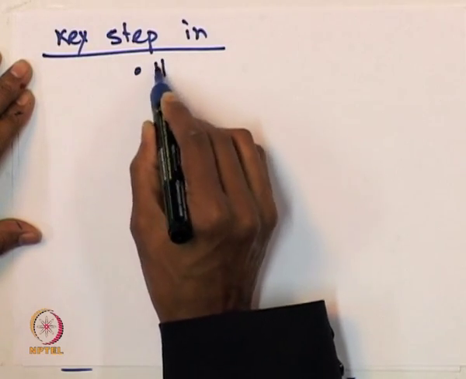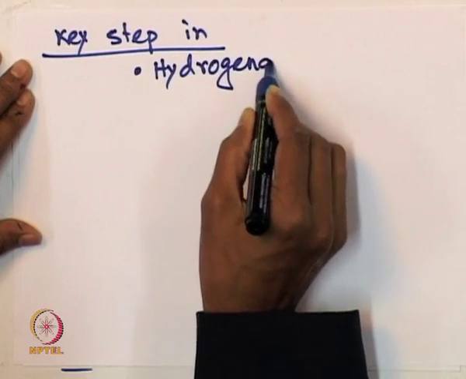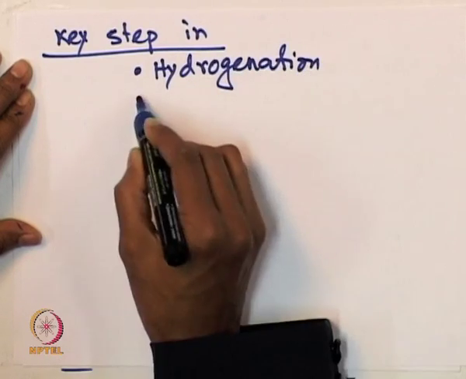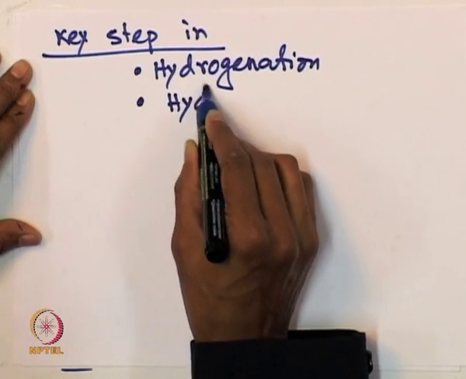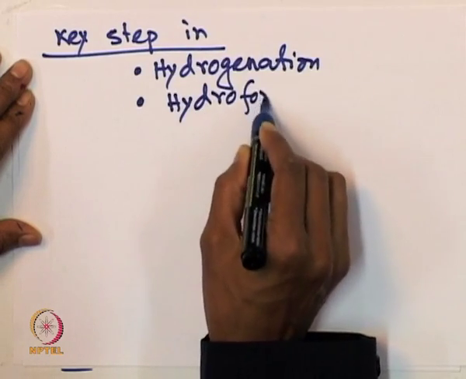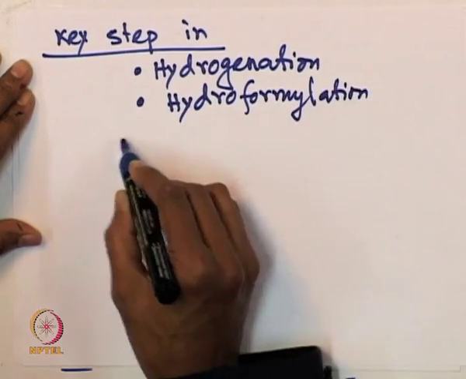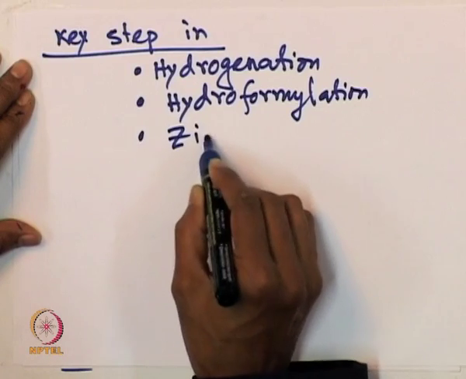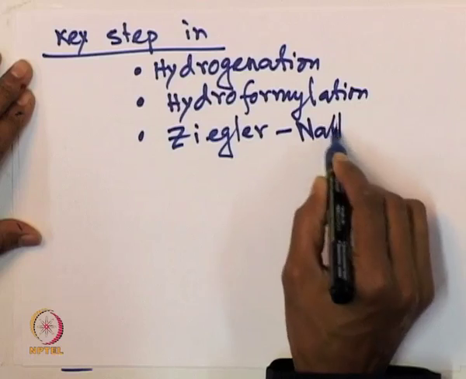The one that comes to mind is the hydrogenation. Any hydrogenation reaction you have studied, there will be beta migratory insertion. Hydroformylation, of course, Ziegler-Natta polymerization is another one.